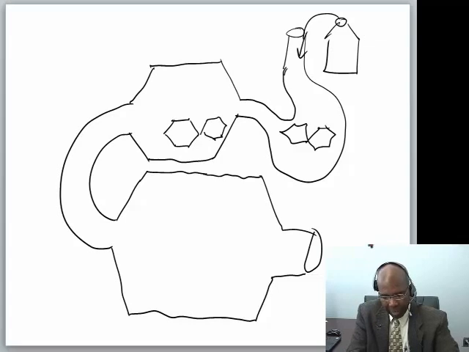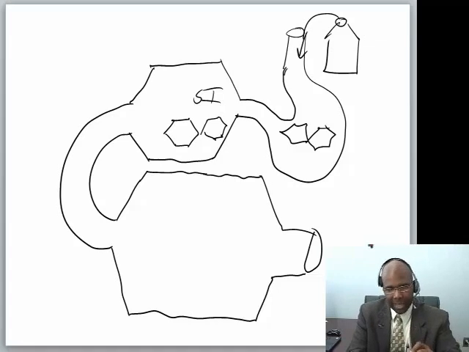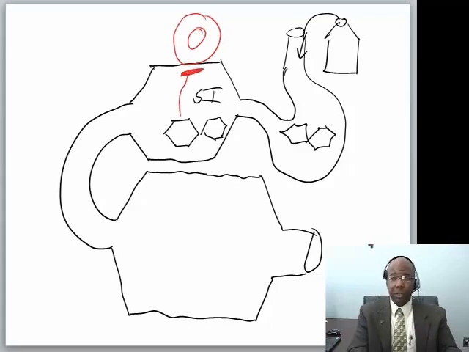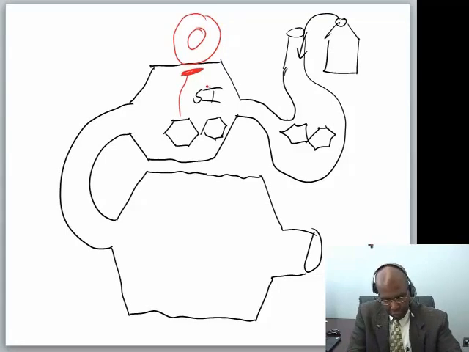We'll put SI for small intestines. In the small intestines, there's no beta-galactosidase, so the lactose cannot go into the bloodstream. And because it can't go into the bloodstream, it continues on into the large intestines.